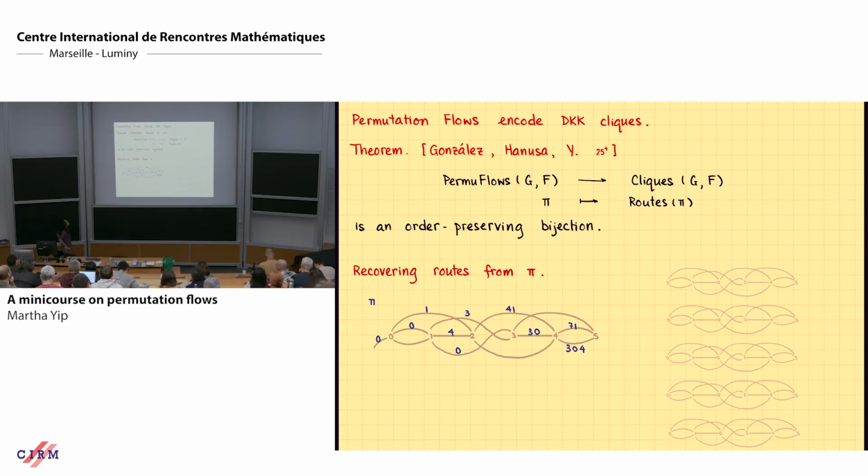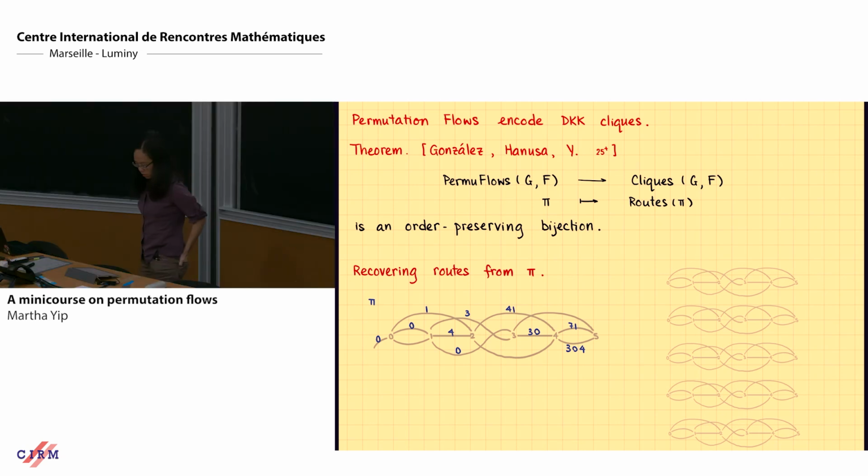So the claim is these gadgets that I've just devised are in bijection with cliques in a framed triangulation. That means if you give me a permutation flow, I need to be able to recover the clique that it encodes. At least I will tell you how to do that.